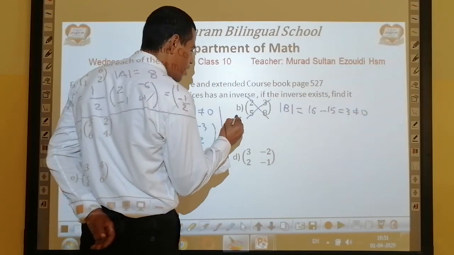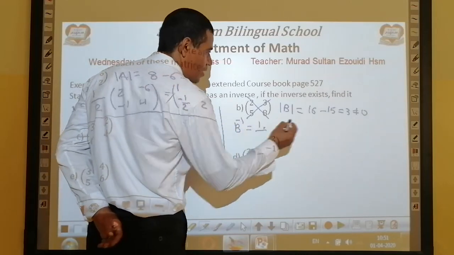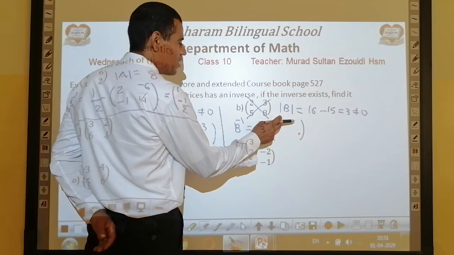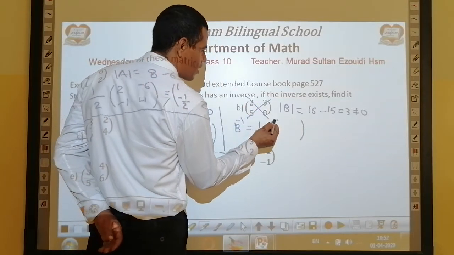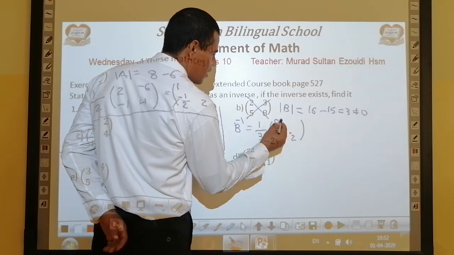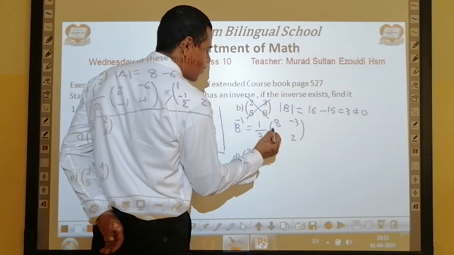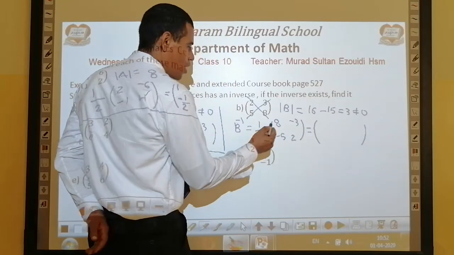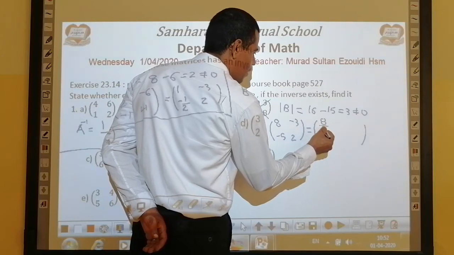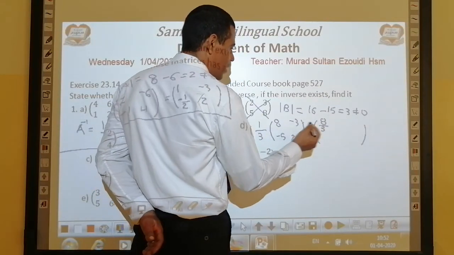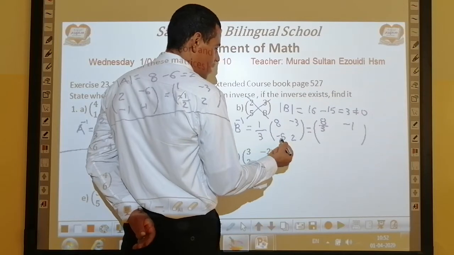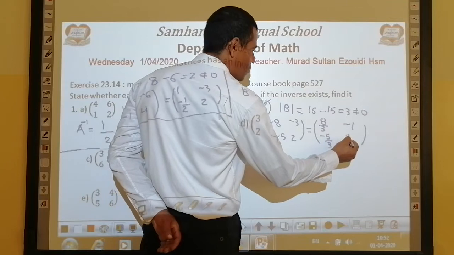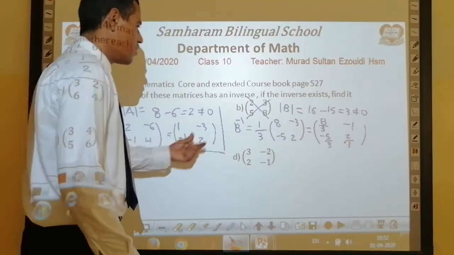So B inverse is 1 divided by the determinant multiplied by the adjoint. The adjoint of this matrix: this is 8, I will write it here. 2, I will write it here. 3, I will make -3. 5, I will make -5. Then I will just multiply, my kids. 1/3 multiplied by 8 is 8/3. 1/3 multiplied by -3 is -1. 1/3 multiplied by -5 is -5/3. 1/3 by 2 is 2/3. This is the inverse of my matrix.